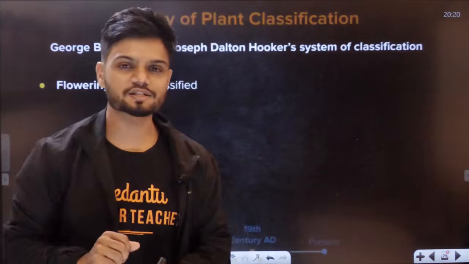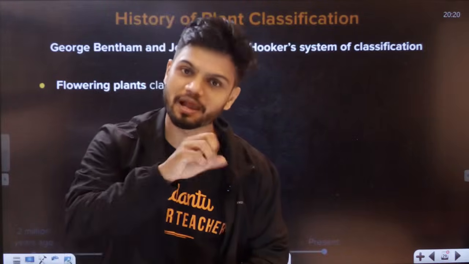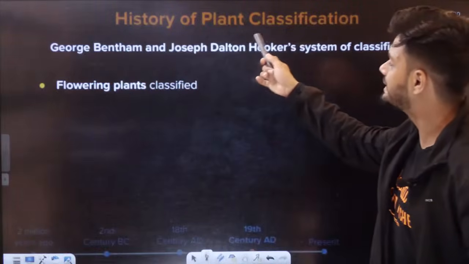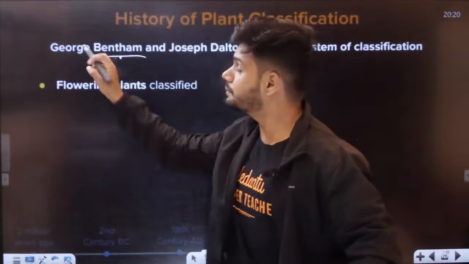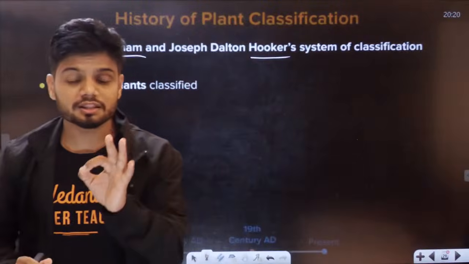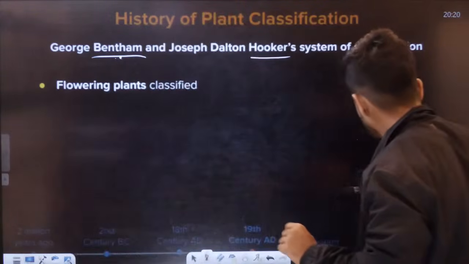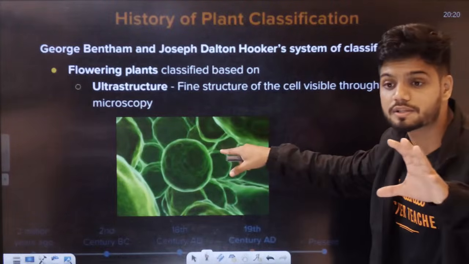There are two scientists who looked at the inside of the plant: George Bentham and Joseph Dalton Hooker. So the Bentham-Hooker classification, students, is based on the internal structure, the ultrastructure, that is the inside, how it looks.